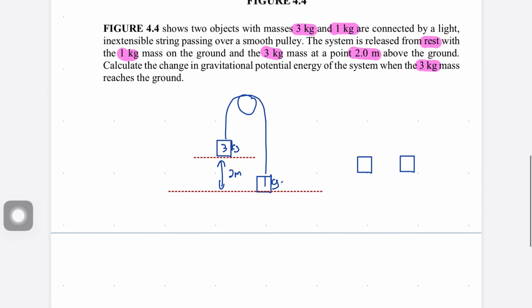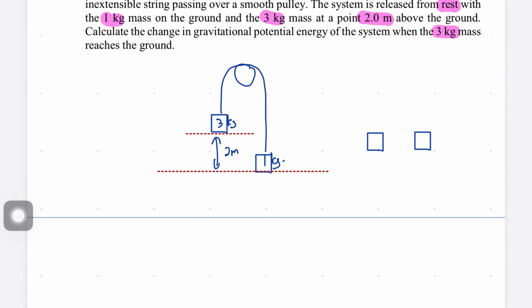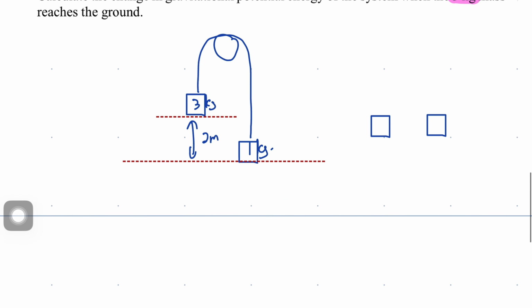So if we want to find the change in total potential energy, the first thing we need to do is find the total initial potential energy of the system. So the U total, this case involves two objects, object 1 and object 2. Maybe I'm going to label this as object A and object B. So I'm going to write down UA plus UB, the total potential energy initially.